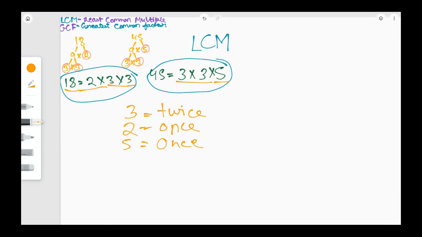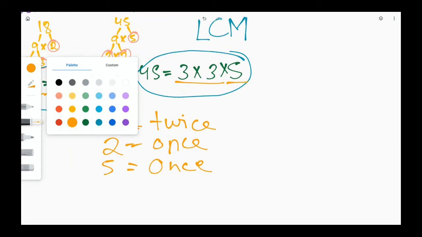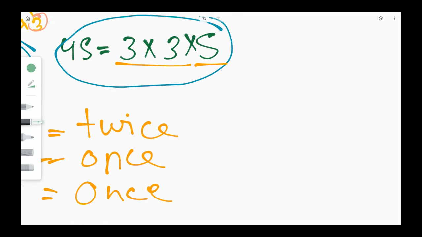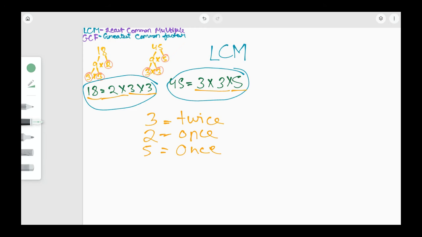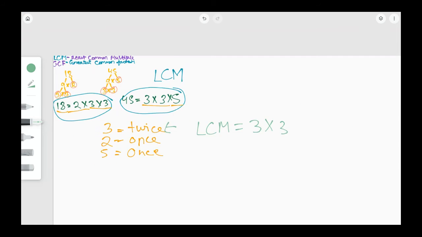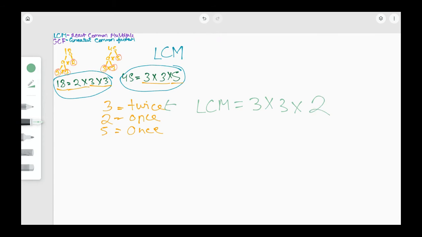By twice, I mean two 3's. So now I'm going to write LCM equals 3 times 3. Why did I put two 3's? Because I said twice. And I'm going to put a 2, since I said 2 once, and 5 also once.